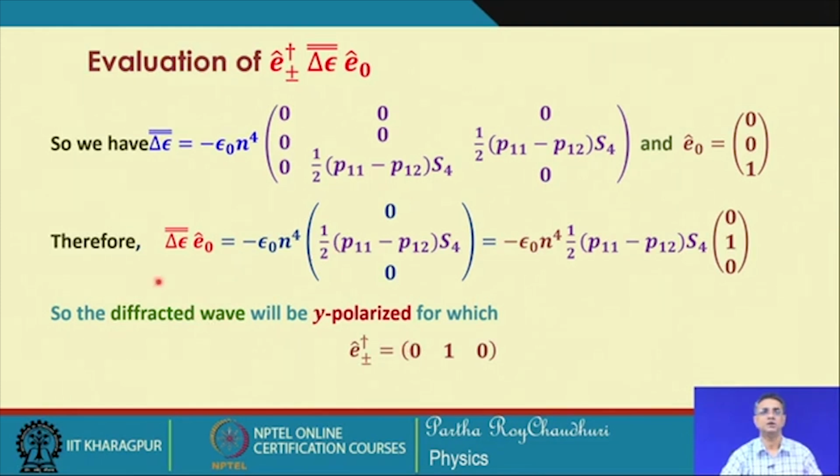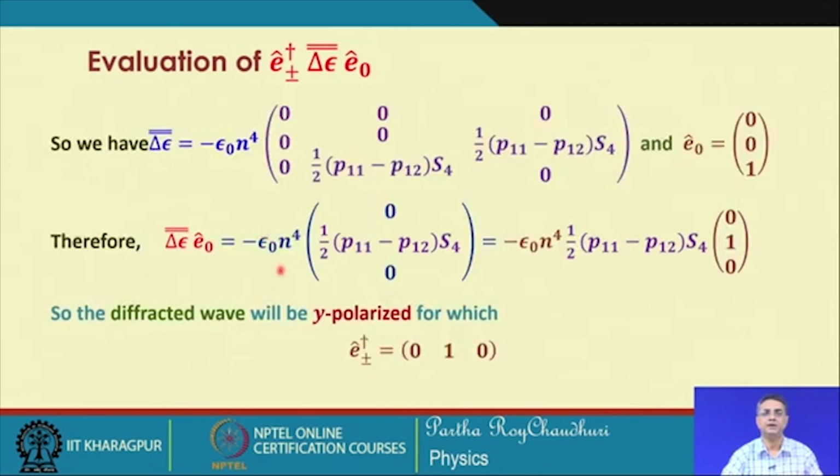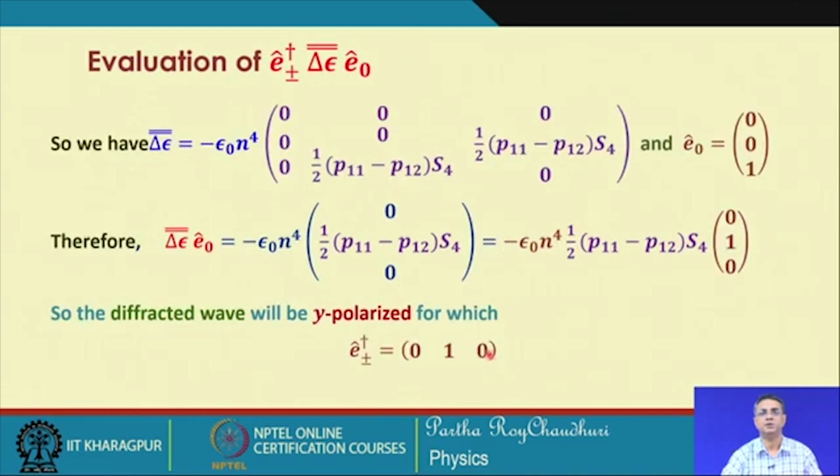We started with a Z polarized optical beam, which was the incident beam, but as a consequence of polarization coupling by diffraction, we get a diffracted wave which is polarized in the y direction.